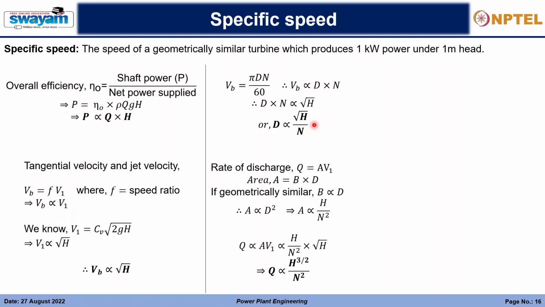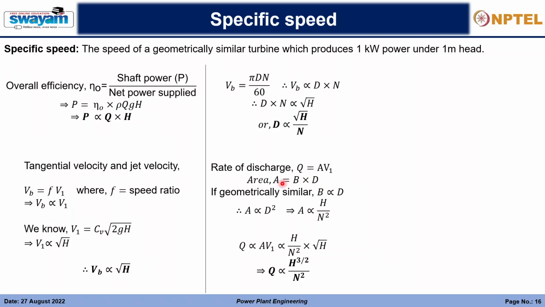Then we'll express the rate of discharge in terms of H and N. So rate of discharge is given by area into V1, that is jet velocity. Area is basically the width of the blade into the diameter.